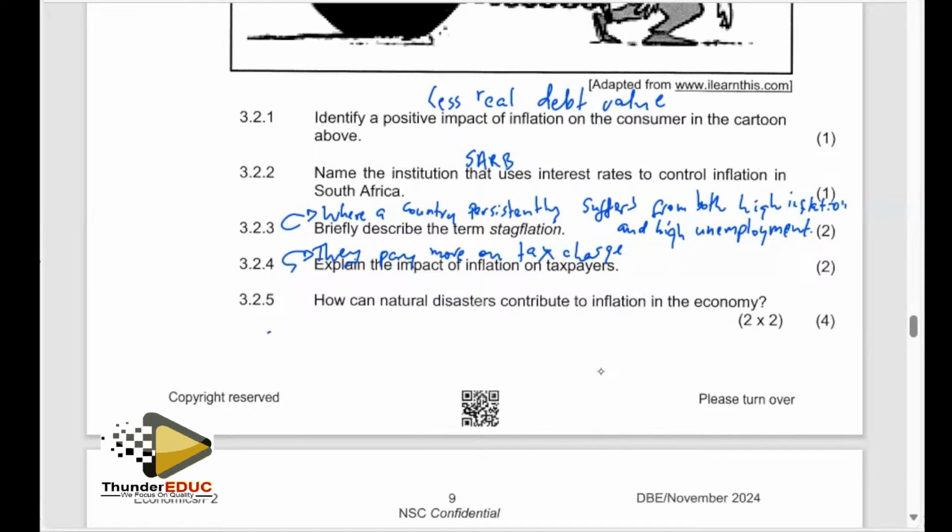Okay, you're saying that disasters destroy crops, buildings, and infrastructure.